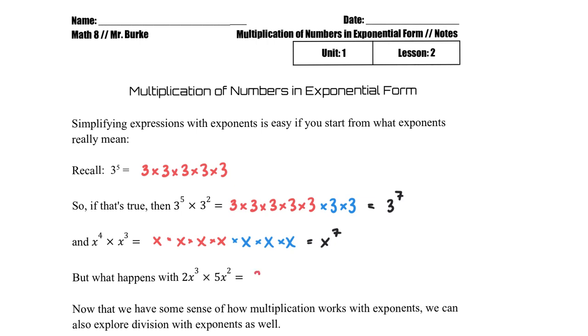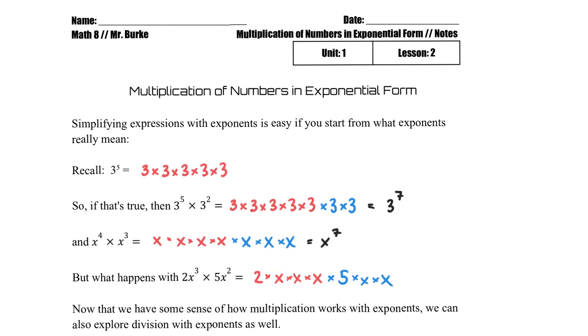This is going to be 2 times x times x times x. The 2 is not inside parentheses, or there are no parentheses, I should say, which means 2 is not part of the base that's being raised to the 3rd exponent. Only the x is. So that means that this other one would be 5 times x times x.